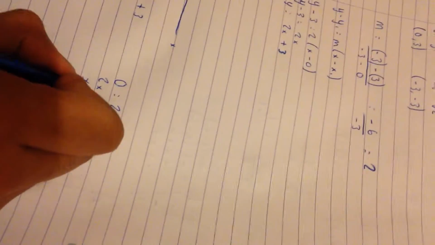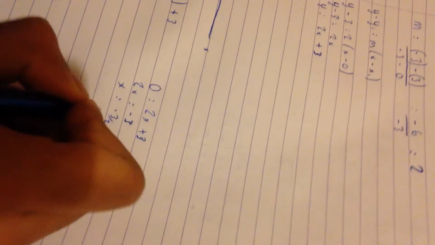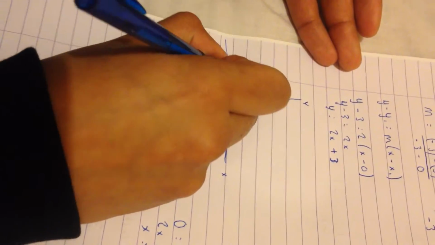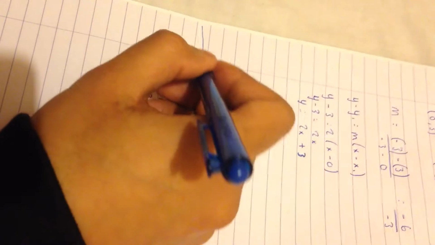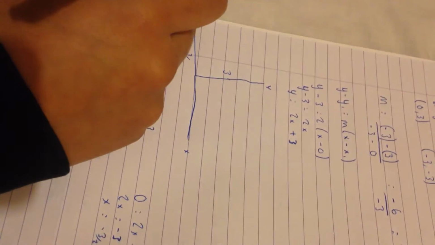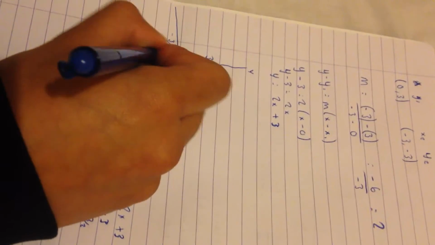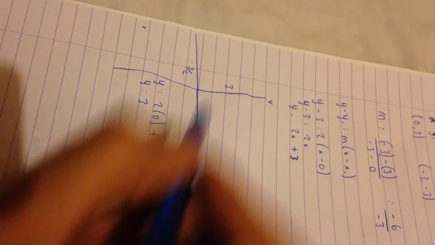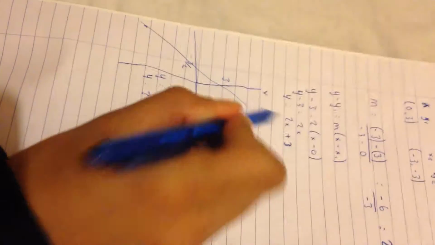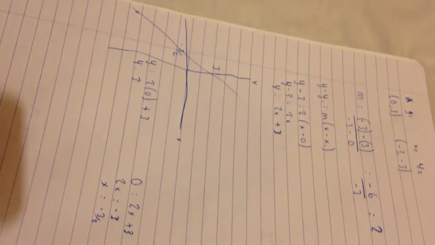Then divide by 2, x equals minus 3 over 2. So for this one, it'll be the other way around. Over here, minus 3 over 2. I can use the points you already got. So 0, 3 is already there. And minus 3, minus 3 will be over here. Sorry about that. And now we just go like that. We should touch the actual axis though.